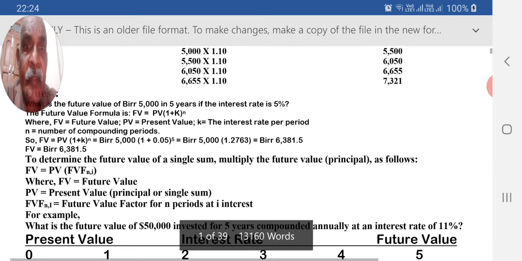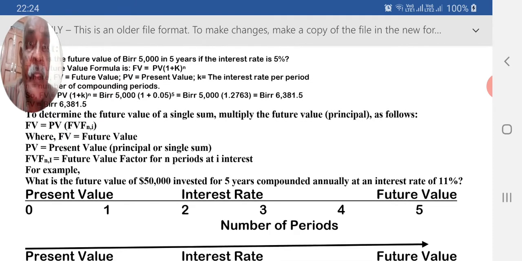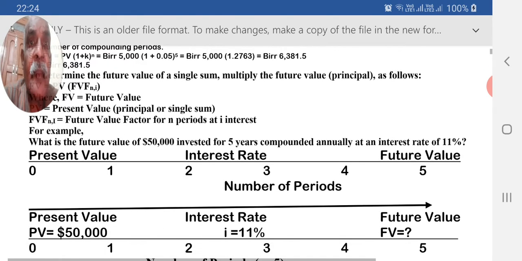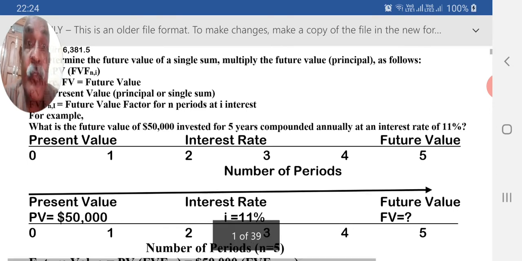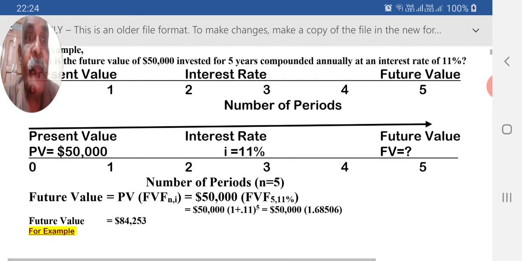Clear? In the same way, if anyone asks you the future value of 50,000 invested for 5 years, compounded annually at the rate of 11%, you can calculate it the same way.